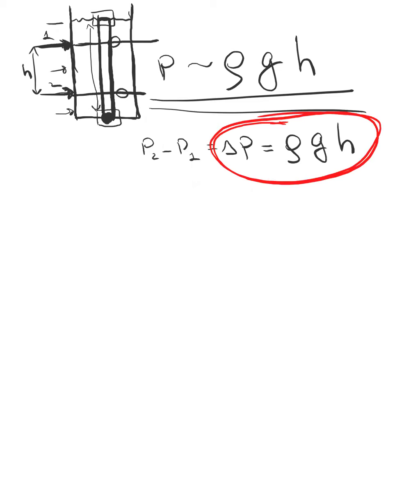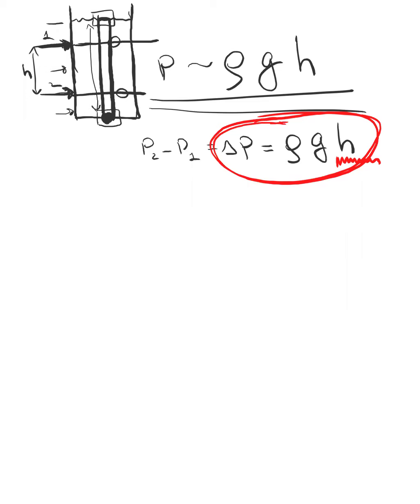Now, this formula itself is not very objectionable. I hope it makes sense. But an interesting thing about this formula is that the only thing the pressure difference depends on is h. And that's surprising because, for example, I have a few pictures on my slide number 4.